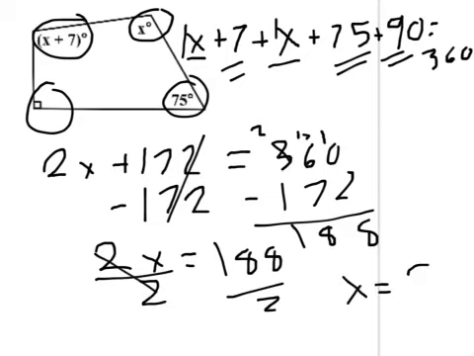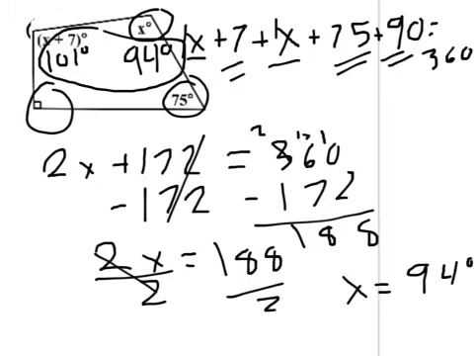X equals 94. So that's one angle, right? It's this one. I need to know this one as well. What is 94 plus 7? 101. 94 plus 7 is 101. So those are your two answers, 101 and 94.